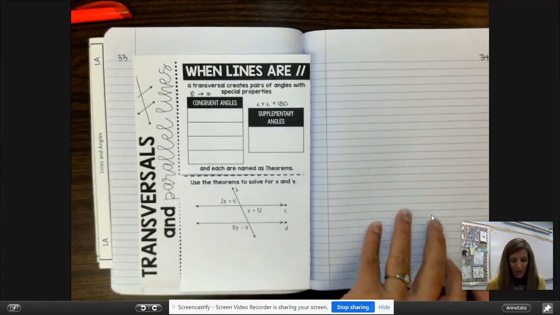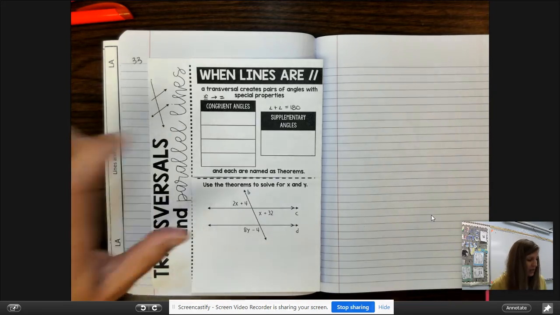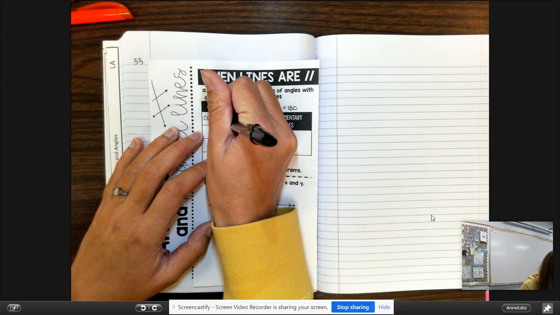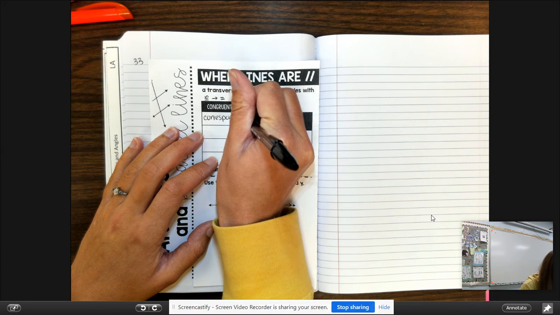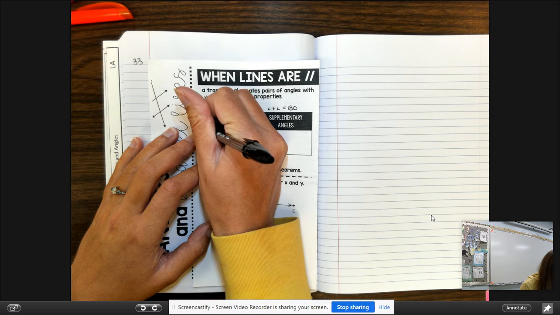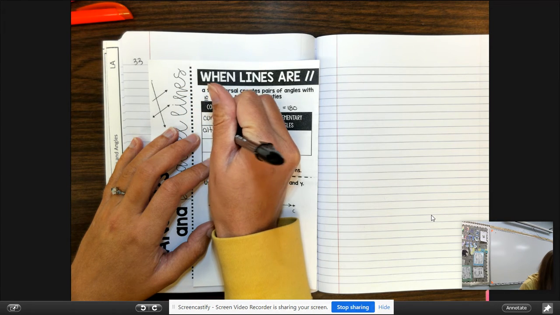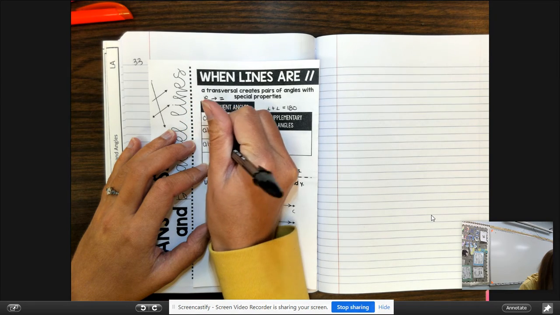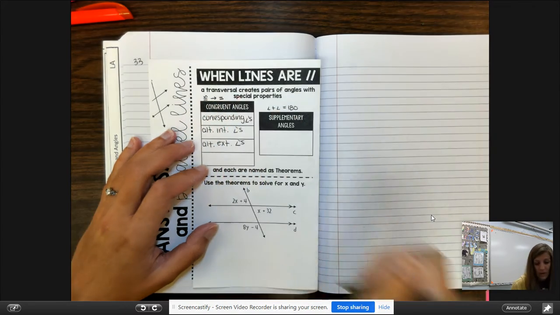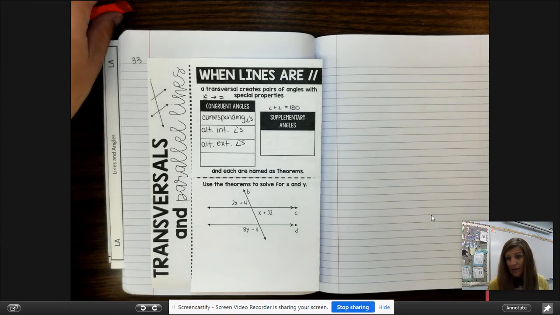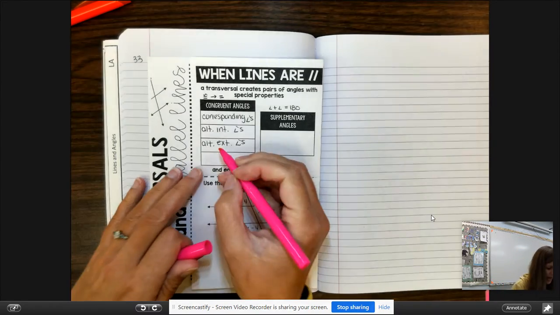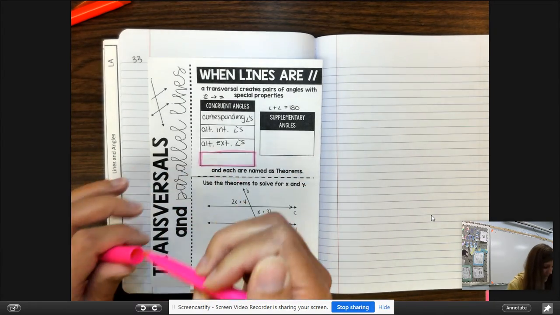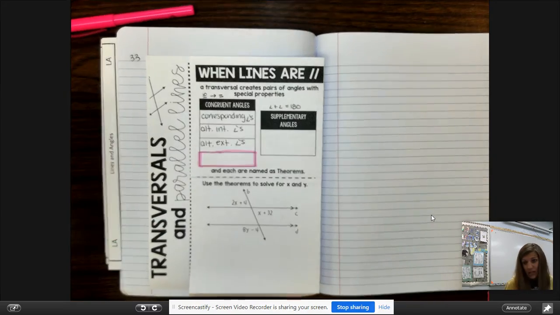So when we were talking about our new angle pairs, the ones that were congruent were our corresponding angles, our alternate interior angles, our alternate exterior angles, and really those are the only ones that matter on parallel lines, but I did include a box because when I'm on lines crossing, I always get vertical angles, and vertical angles are equal as well.